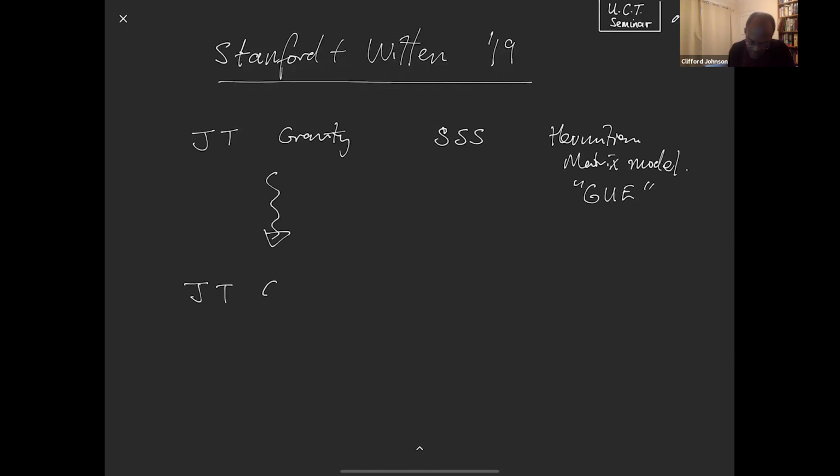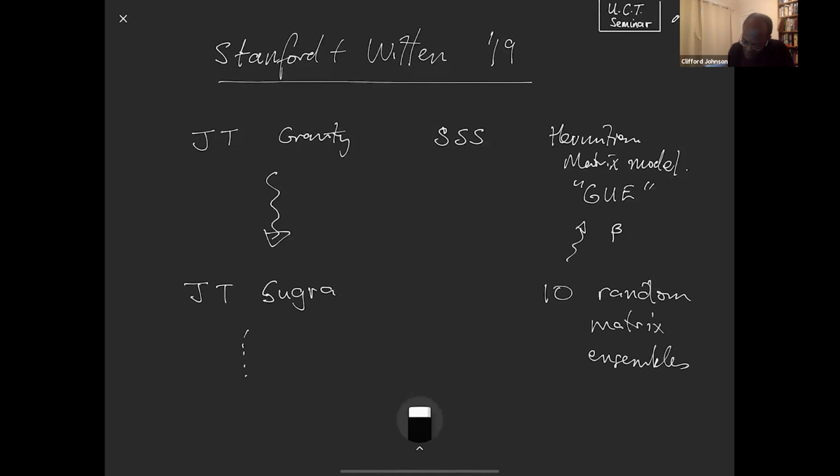So that includes a family of JT supergravities and others, in terms of the fact that there's a whole bunch, in fact, 10 random matrix ensembles. Three of those are what's called the Dyson-Wigner classification.